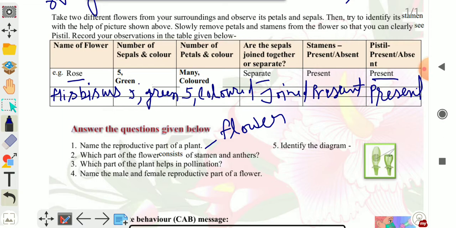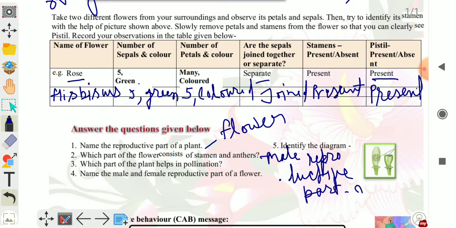Second question is, which part of the flower consists of stamen and anther. So this one is male reproductive part, and this part is called stamen.